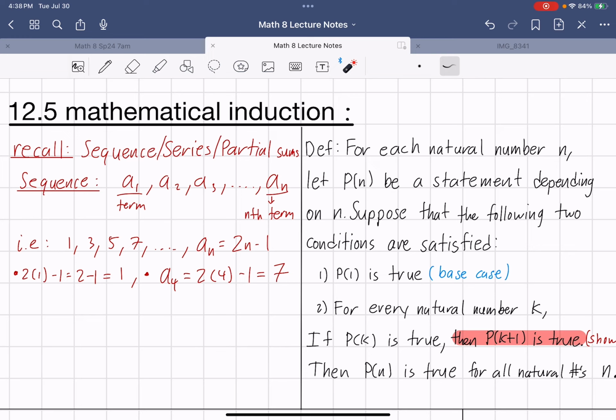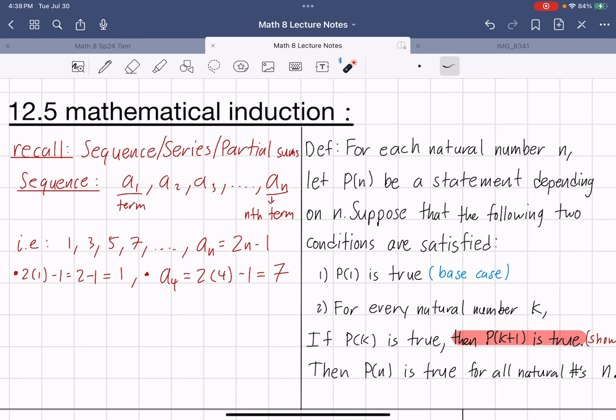That's something you learn either in high school or in an intermediate algebra course, like learning to find those patterns. Luckily, we're not trying to find the pattern in this class. We're trying to just prove that the pattern that we found is true.